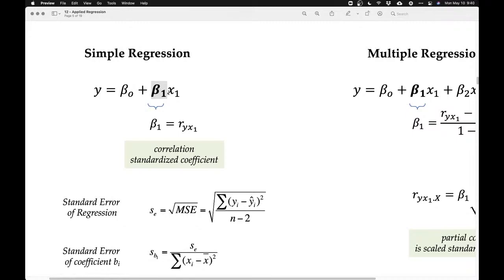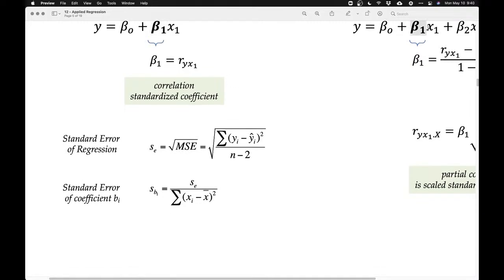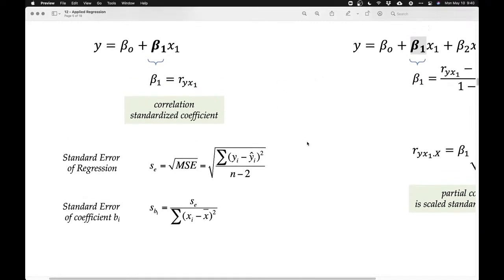However, if somebody else were to collect a sample from the same population, they would probably get a slightly different estimate than you would. And if a whole lot of people were to collect a whole lot of samples from the same population, they would all get slightly different estimates of the slope. They wouldn't be exactly the same as yours. What would the distribution of these estimates be?